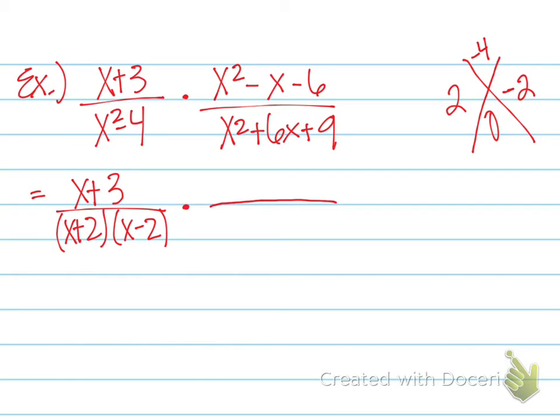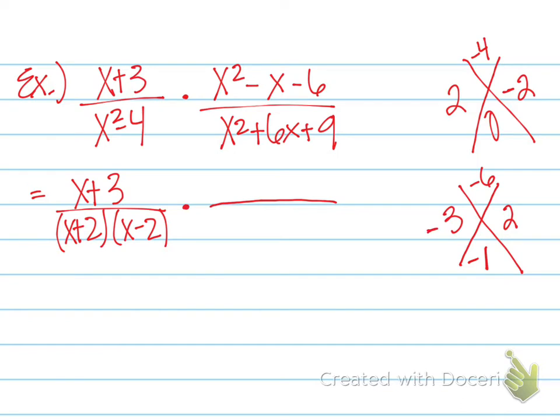If we factor the numerator of the second fraction, we have a negative 1 up top, and we have a negative 6. Now, what two numbers add to get negative 1, but at the same time, they're multiplying to get negative 6? Well, we know it has to be 3 and 2, but something has to be negative.